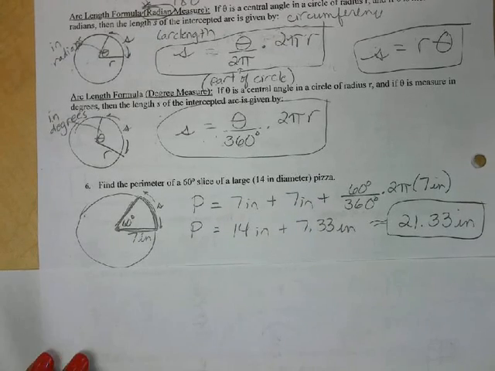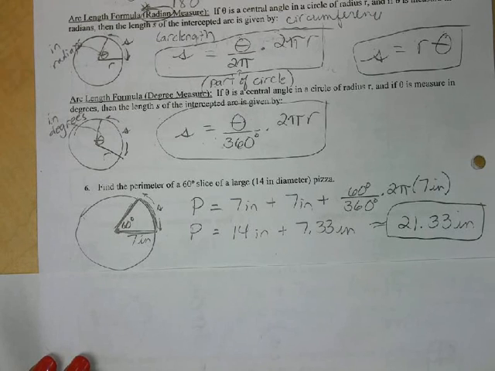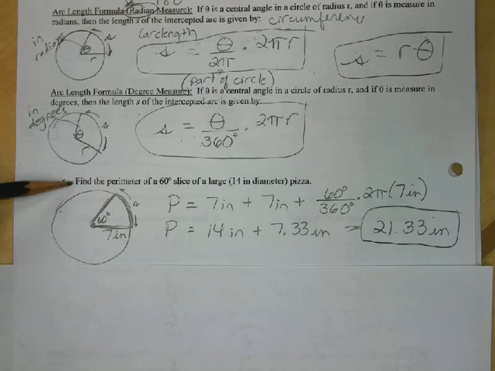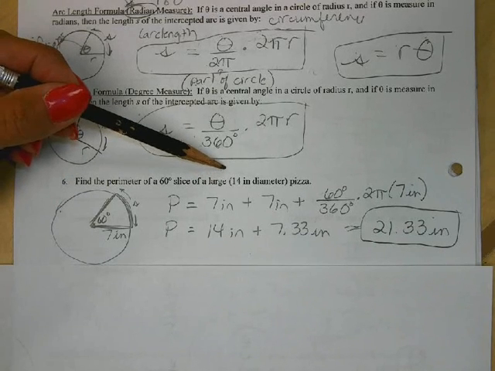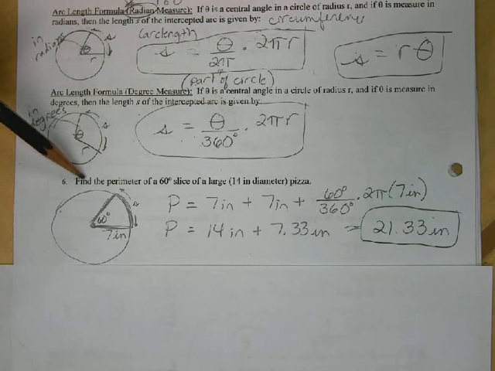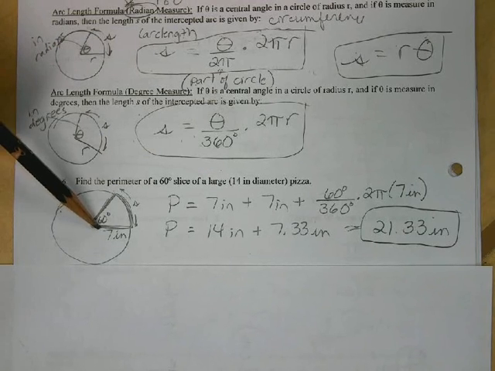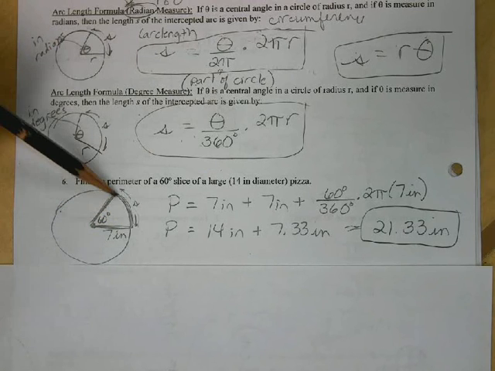I have 2 examples here that show, once with degrees, once with radians, of how to find the perimeter of a specific, in this case, pizza situation. You can see I drew a picture. I have a pizza that has a 14-inch diameter, so a radius of 7 inches, and I wanted to find what would be the perimeter.